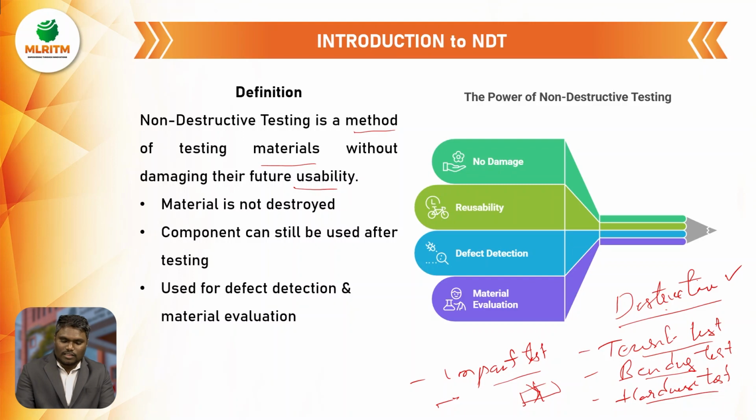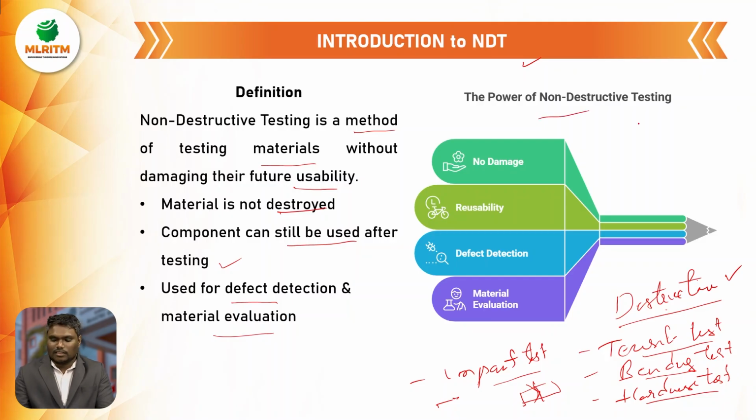And in this NDT technique, the material is not destroyed. The main intention is that it can be reused after testing, and the component can still be used after testing. At the same time, this method is mainly used for defect detection and material evaluation. So what is its strength?